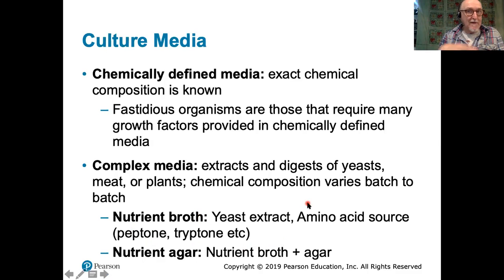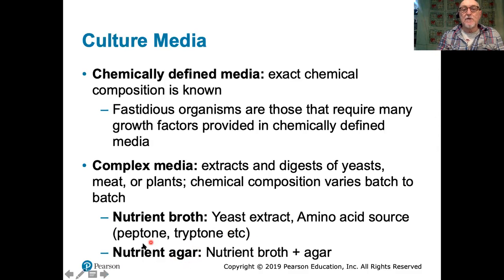It's all the nutrients we have in an aqueous solution, solidified with something so that it forms a gel, a tough solid gel where we can work on the surface of the medium. And for that we usually use agar. And agar is an extract from seaweed. And it has certain advantages, which I'll describe in a minute. But one of the huge advantages is that there are not a lot of bacteria which will digest agar.